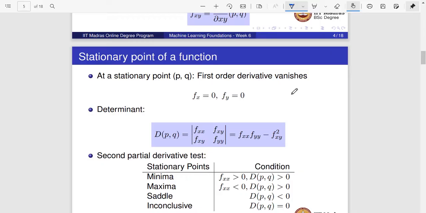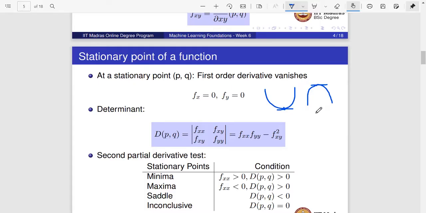If you see in the graph, suppose these are two functions, so this is the point where the derivative is equal to 0, and this is the point where the derivative is equal to 0. So these are the stationary points for this function and this function.